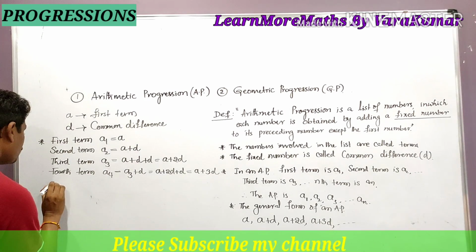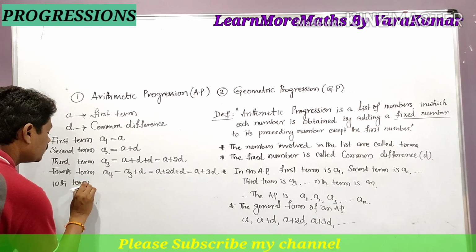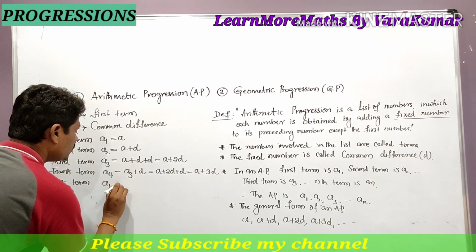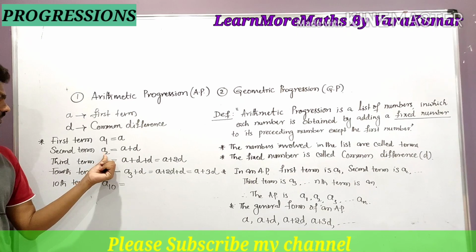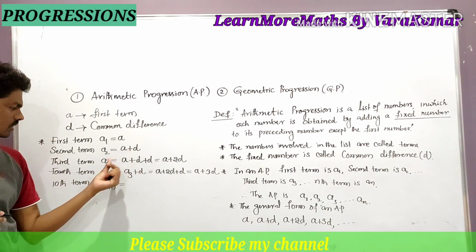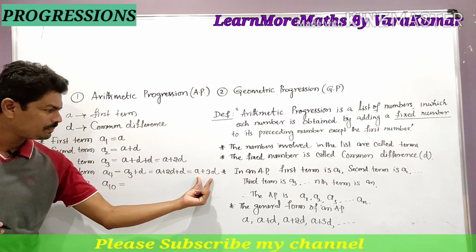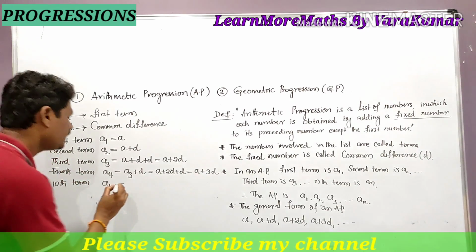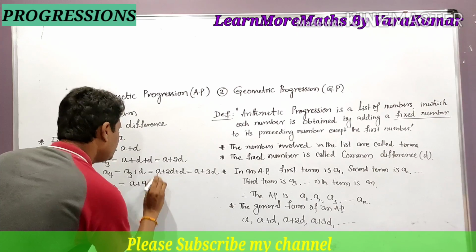So in the same way, I want to write the 10th term, student. How can I write the 10th term? A10 is equal to, by observing all this, if A1 it is A only, if A2 it is A plus D, A3 is A plus 2D, for A4 A plus 3D, for A10 it is A plus 9D.